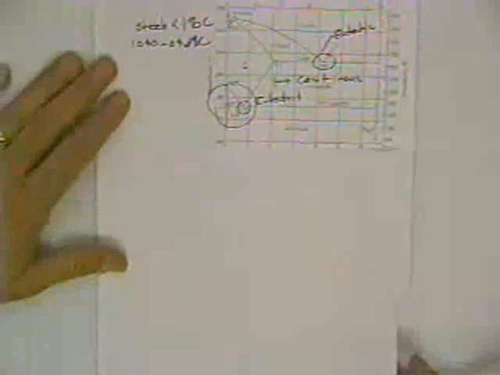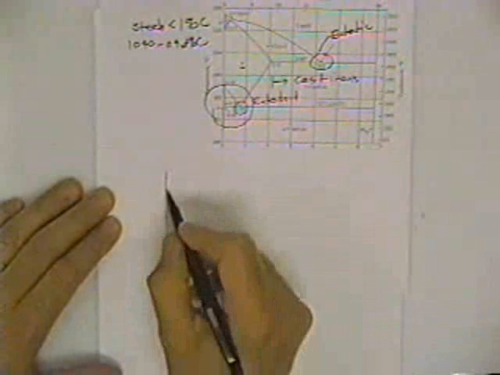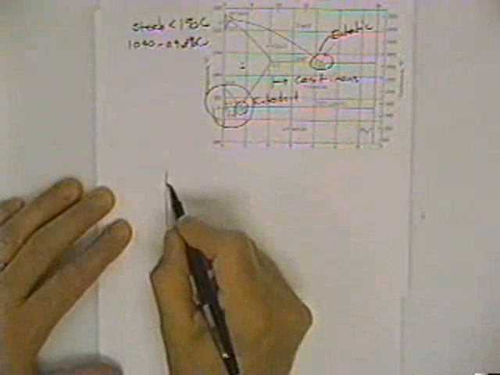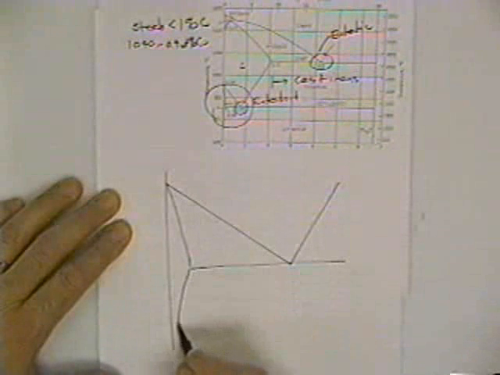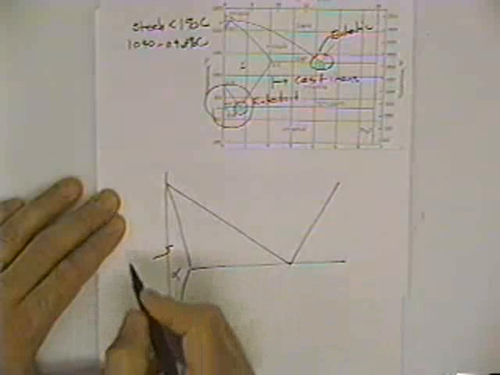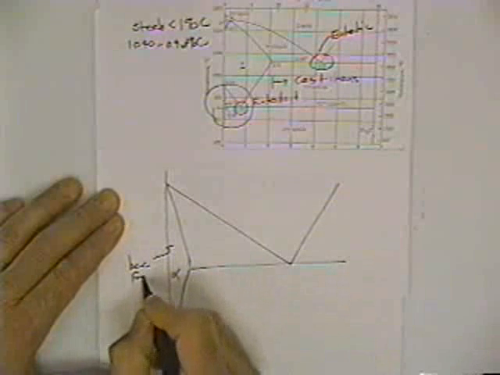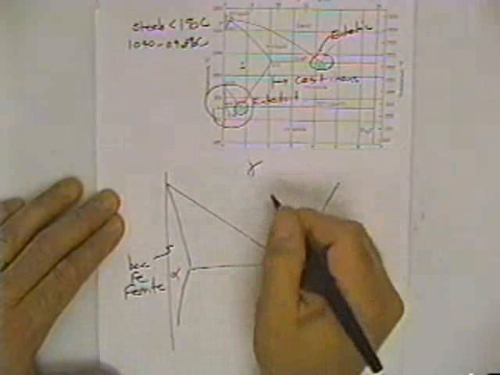Let's take a look at the two-phase field down here and work a lever rule problem with the iron carbon diagram. And let me just expand this a little bit. Now, not very much carbon is soluble in body-centered cubic iron. This is alpha or BCC iron. It's called ferrite. This is gamma.